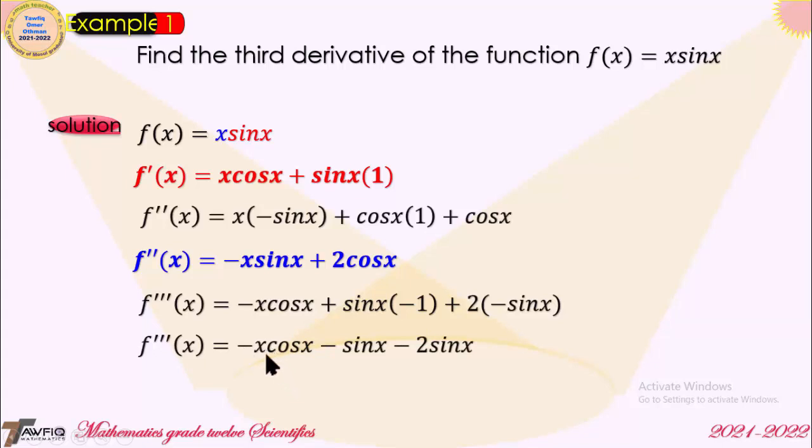Simplifying, here minus x cosine x, minus 1 times plus sine is minus sine, 2 times minus sine x is minus 2 sine x, and the third derivative is equal to minus x cosine x minus sine x minus 2 sine x, which is minus 3 sine x.